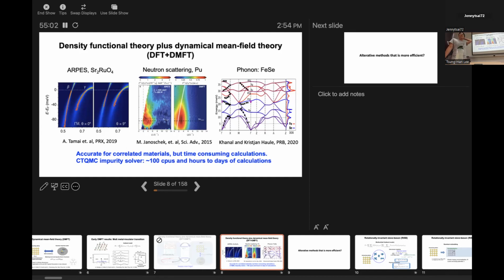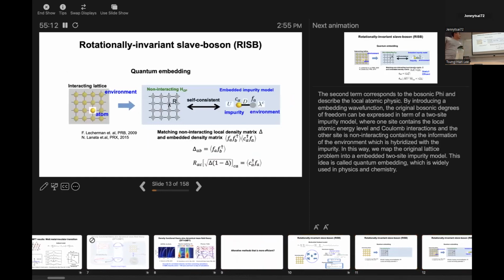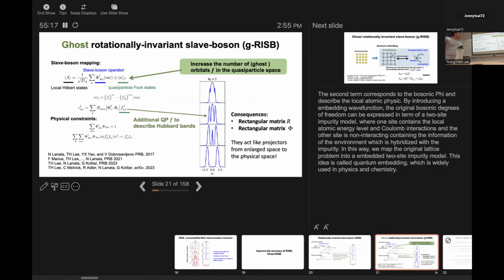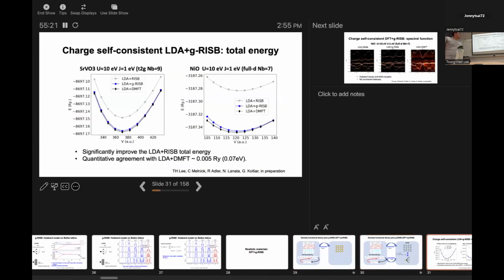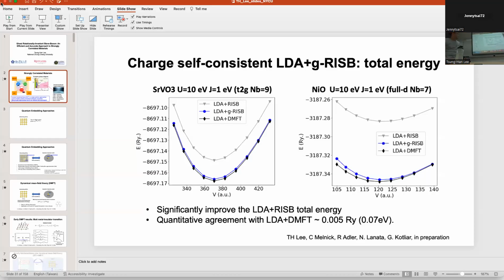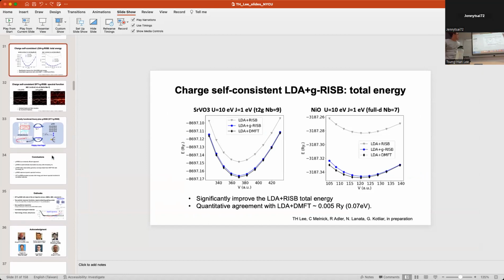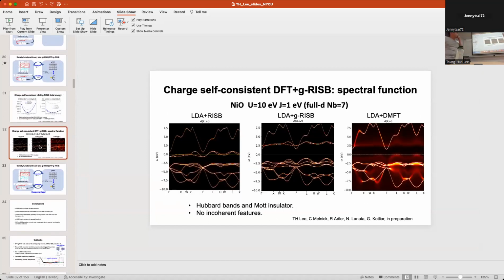What about experiments? Your prediction from this ghost approach seems to agree with the experiment. Is there any experimental data that you showed? Yeah, I think we could check the spin susceptibility or something similar in the materials, but now I haven't compared, because I just started to do this. They're all theory.